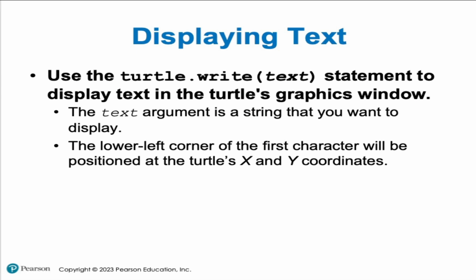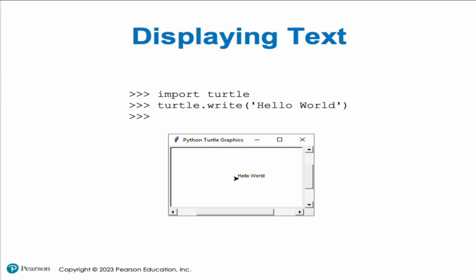The lower left corner of the first character will be wherever the turtle is positioned. So here's an example. The turtle's in the middle of the screen, and we ask it to print hello world. The turtle will not move, but the hello world will appear up and to the right of the current position of the turtle.